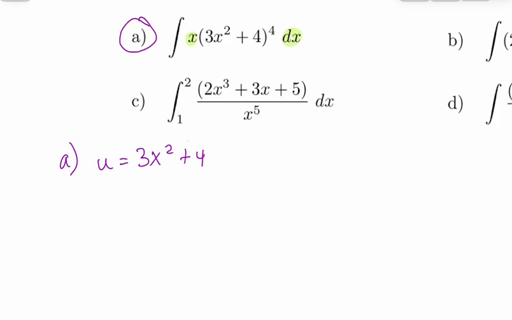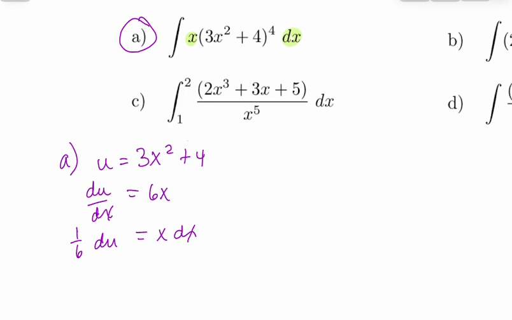So you are going to differentiate this. Whatever you get, we need to make one side equal to x dx. We make the other side all the other stuff. So we're going to get 1/6 du is equal to x dx.